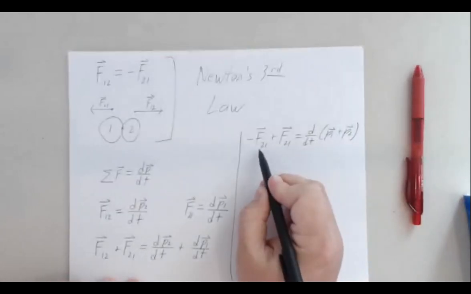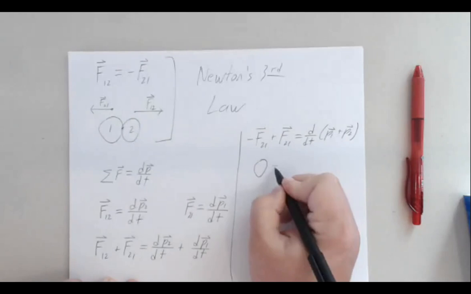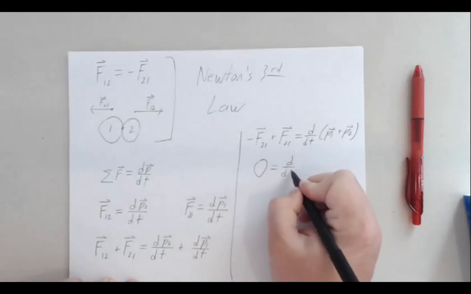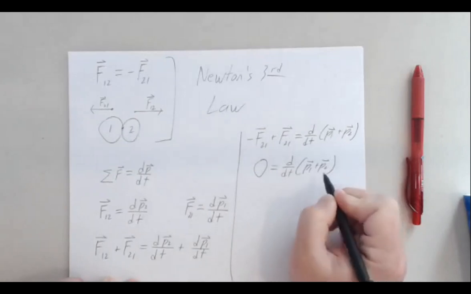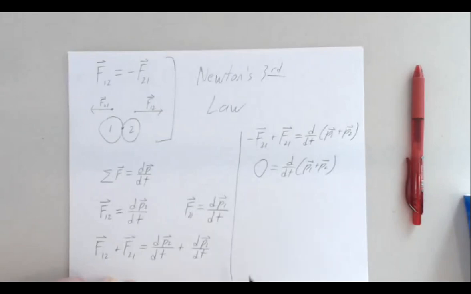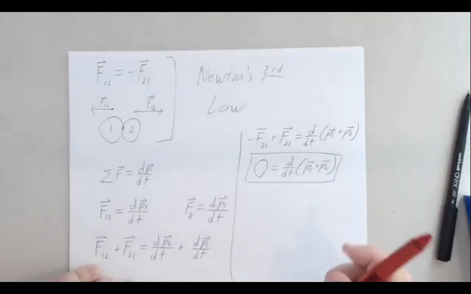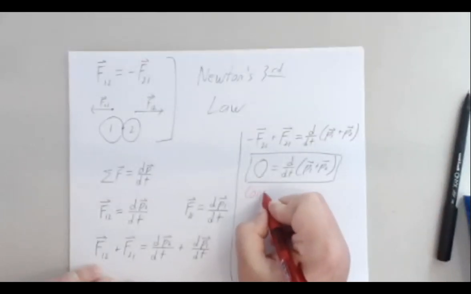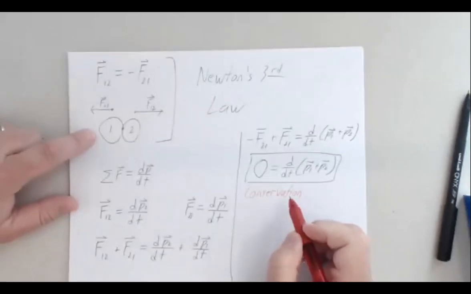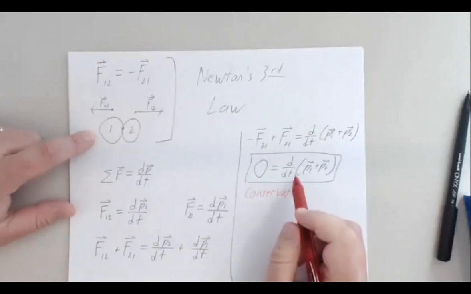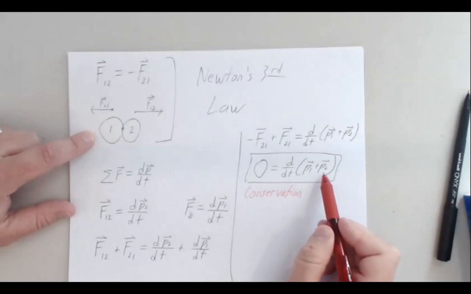Okay, well, this is 0, right? Because I've got negative a thing plus a thing. That's just 0 equals the time rate of change of the two momenta. This is conservation of momentum. This statement right here says that in any interaction between two objects, there is no change with respect to time in their momentum, right?